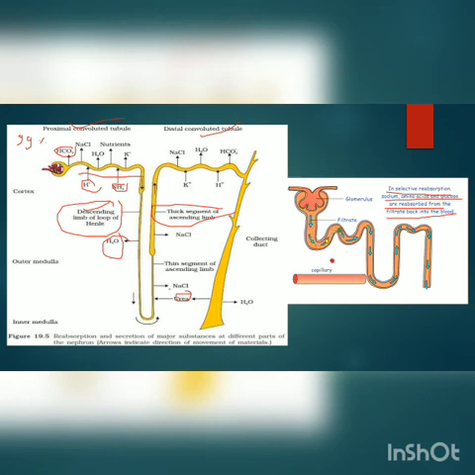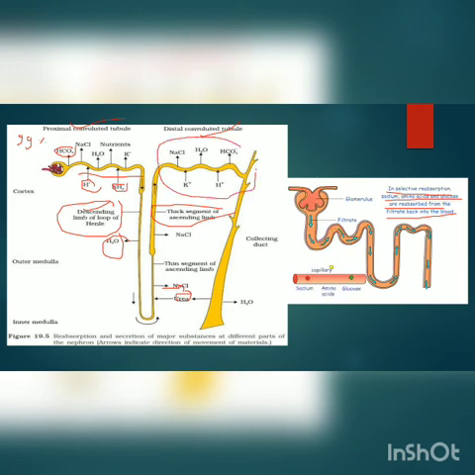So the concentrated filtrate passes upward and it gets diluted due to the passage of electrolytes through the medullary fluid. तो electrolytes यहाँ पर reabsorb होते हैं, तो वापस से इसकी concentration मेंटेन रहती है.